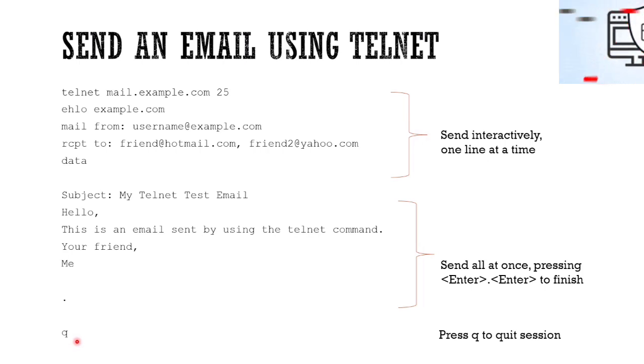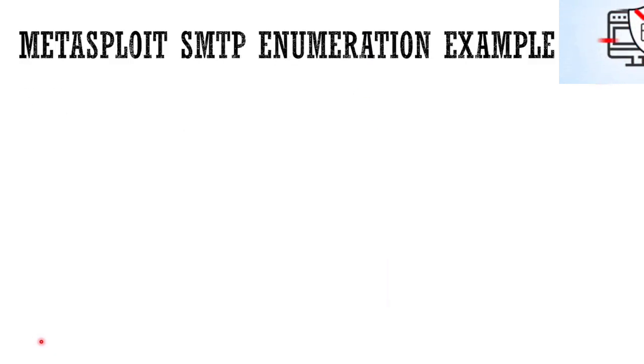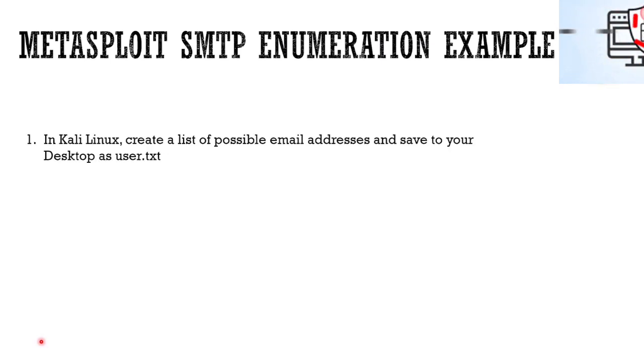So you could go into Kali Linux Metasploit, just create a list of possible email addresses and save it by some name. Then you open up Metasploit and you enter these commands. You're going to use auxiliary, which is usually for things like scanners. Use scanner/smtp/smtp_enum.